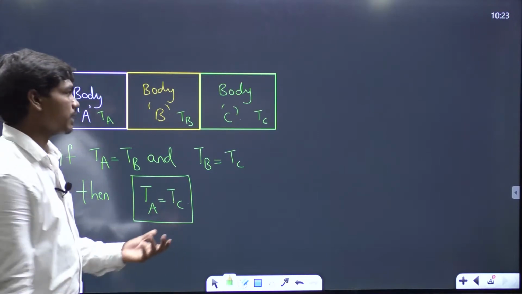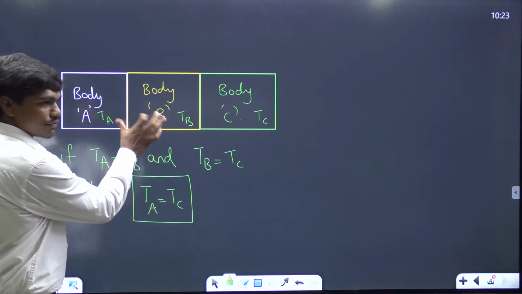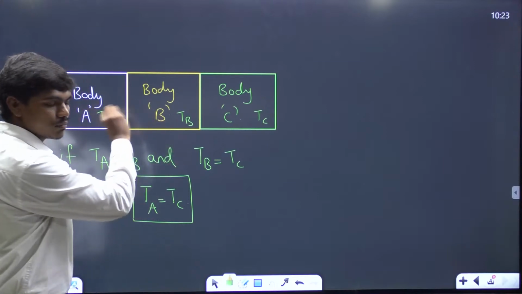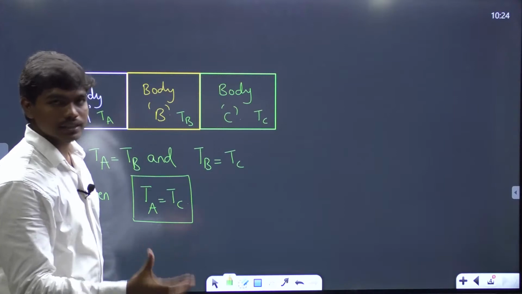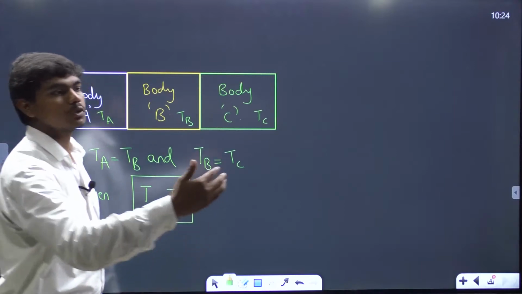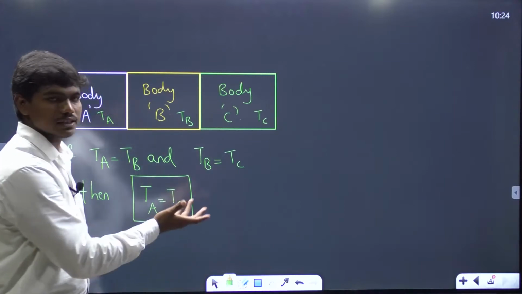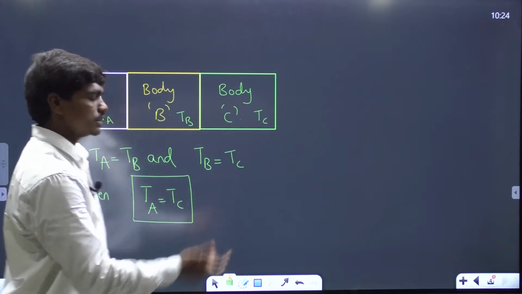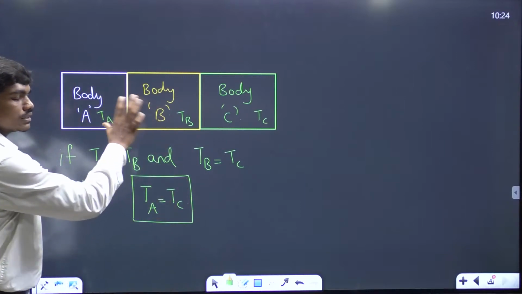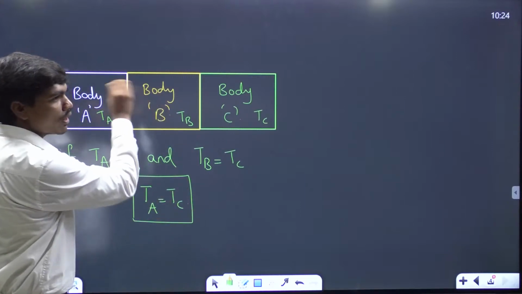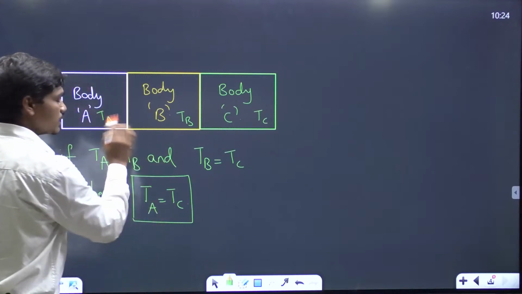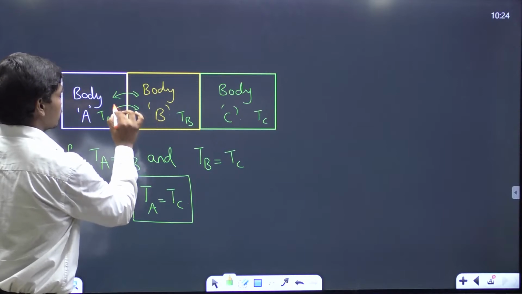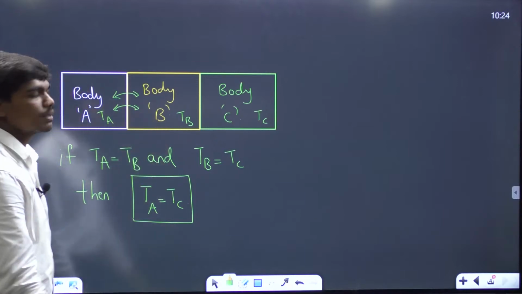Now physically, if there is any temperature difference between these two, then definitely some heat gets transferred between body A and body B. Because heat is a form of energy which transfers from one place to another by virtue of temperature difference. Means for heat transfer to occur, the main driving potential is temperature difference. But we are assuming that these two bodies are in thermal equilibrium, means no net heat interaction is taking place between the bodies.